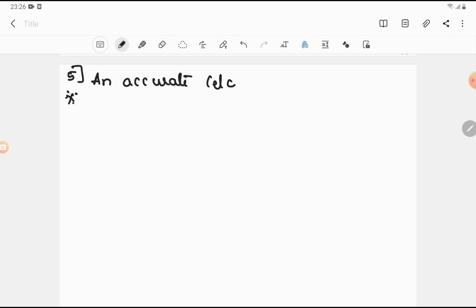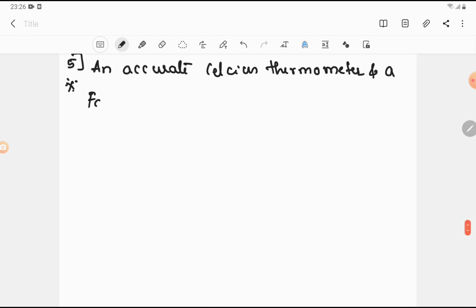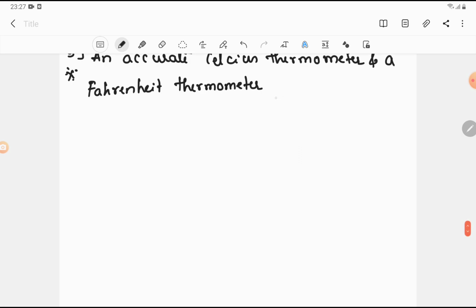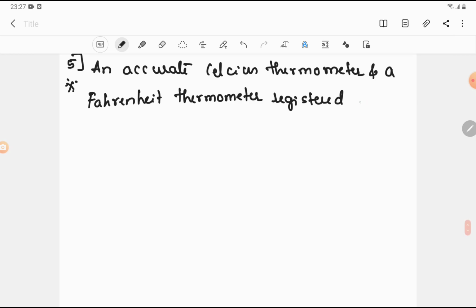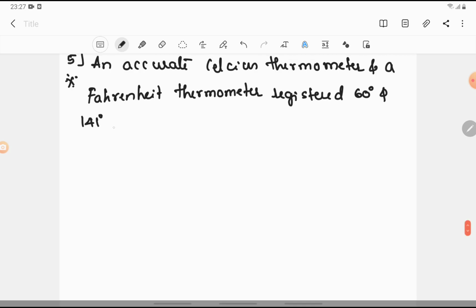An accurate Celsius thermometer and a Fahrenheit thermometer registered 60 degrees and 141 degrees respectively. The Celsius thermometer is accurate; the Fahrenheit thermometer may or may not be accurate, I don't know.